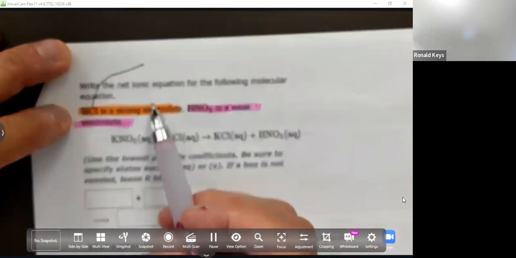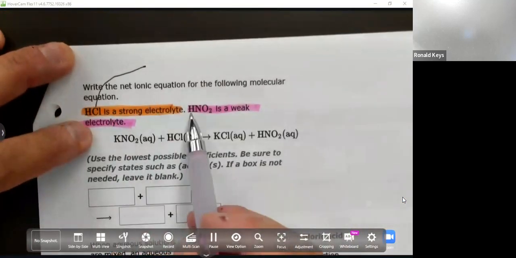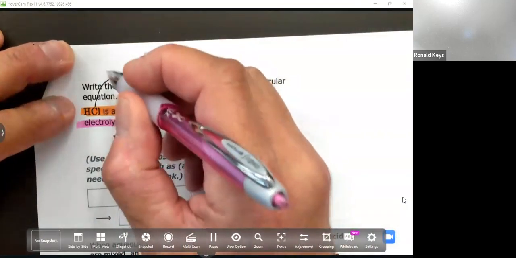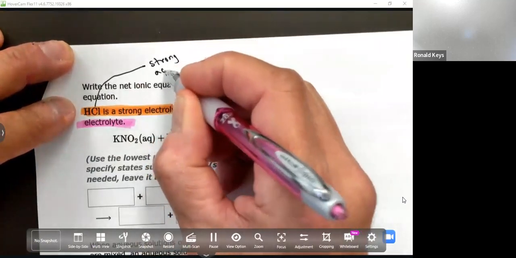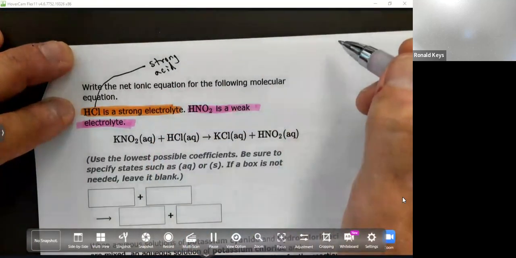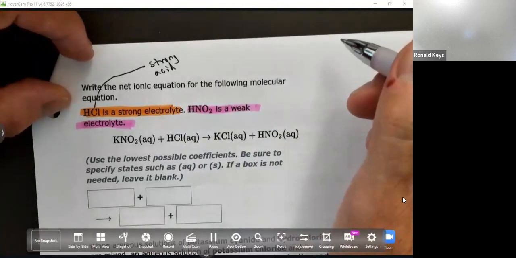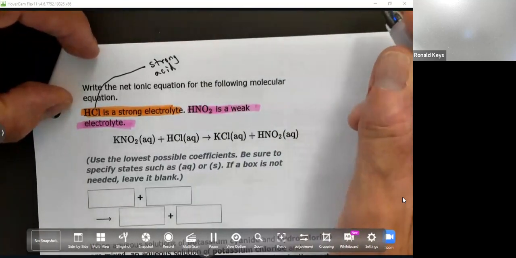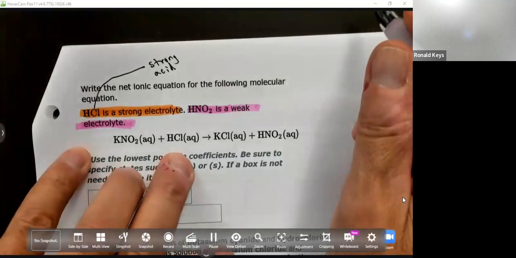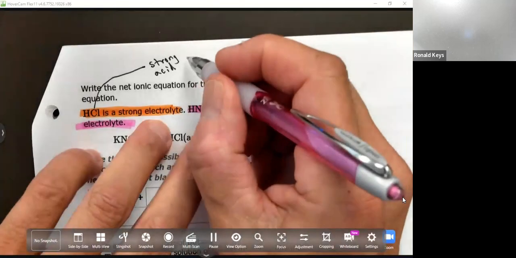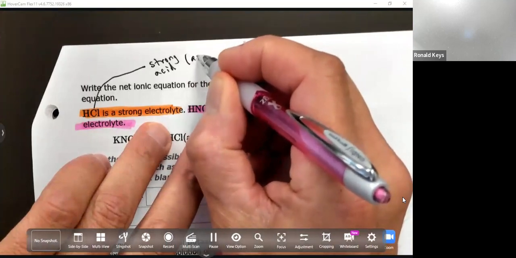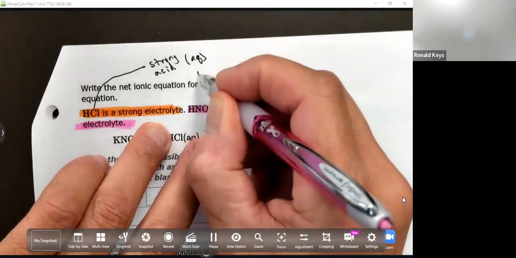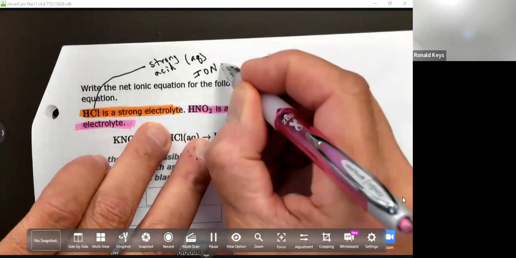These are acids, right? Both of these are acids, they start with hydrogen. So this is a strong acid. If that is a strong acid, you're going to make it ions, aqueous.